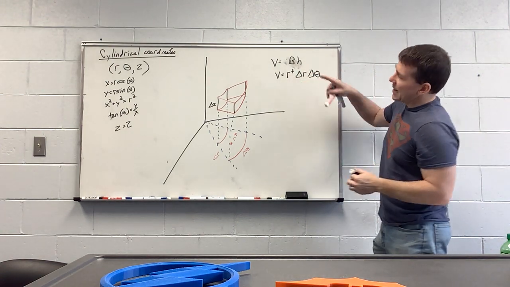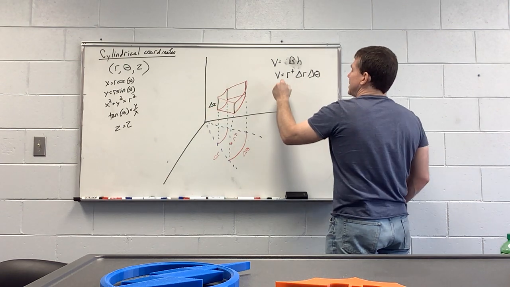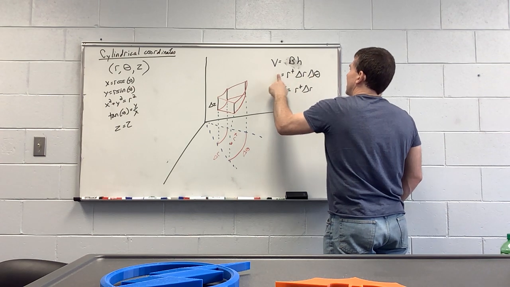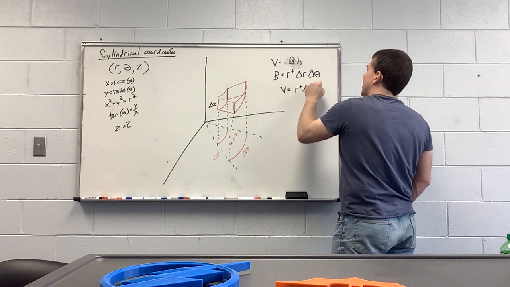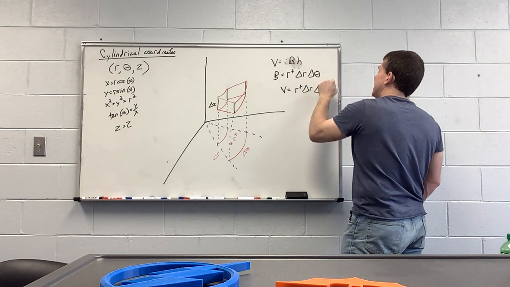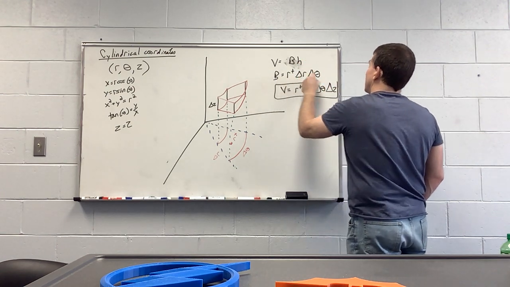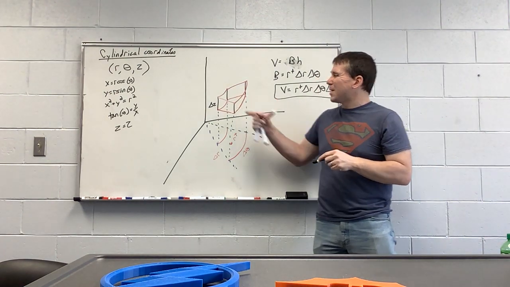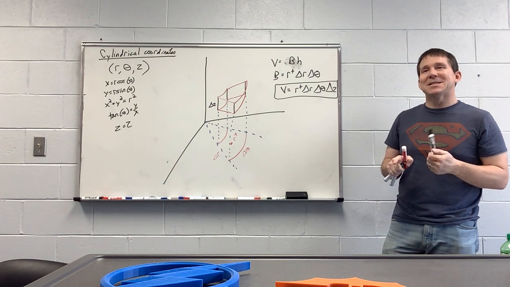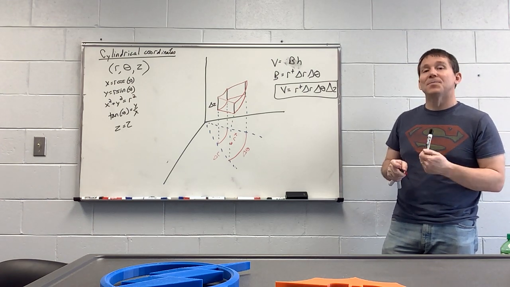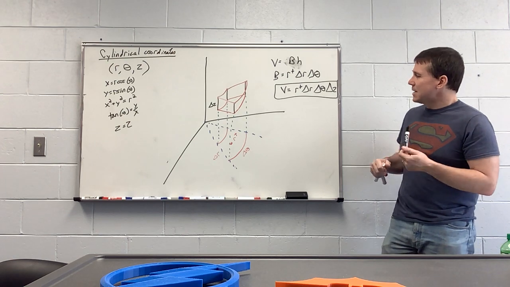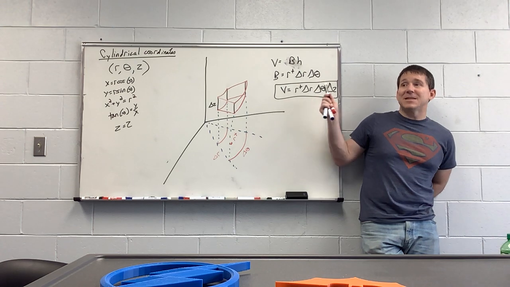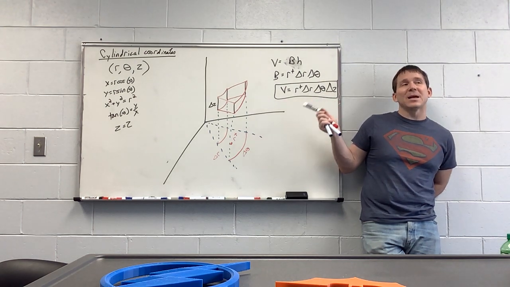But then you multiply by the height, but the height of this is just delta Z, which means my volume is R cross delta R delta theta times the height, which is delta Z. And now I have a nice formula for the volume of that cylindrical rectangle. My brain wants to keep saying polar rectangle. But once I have that, well, now I know how this is going to work. I have the basic formula for the volume of a cylindrical rectangle.